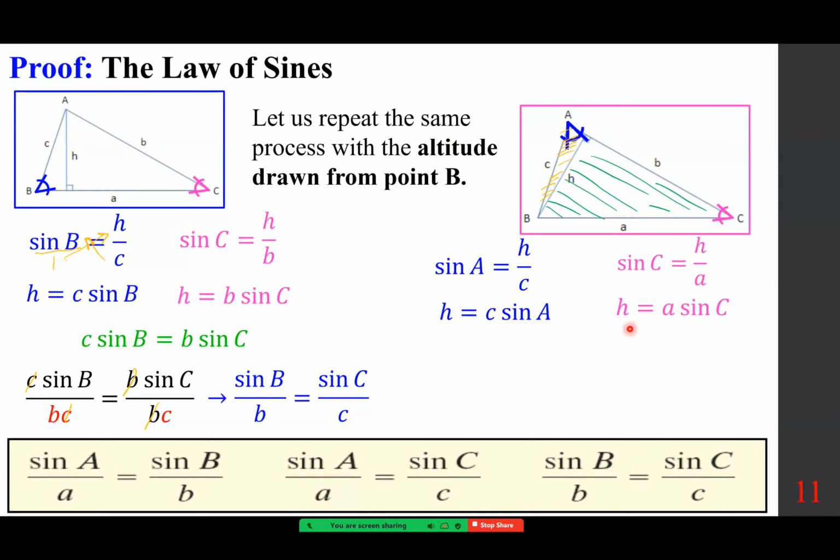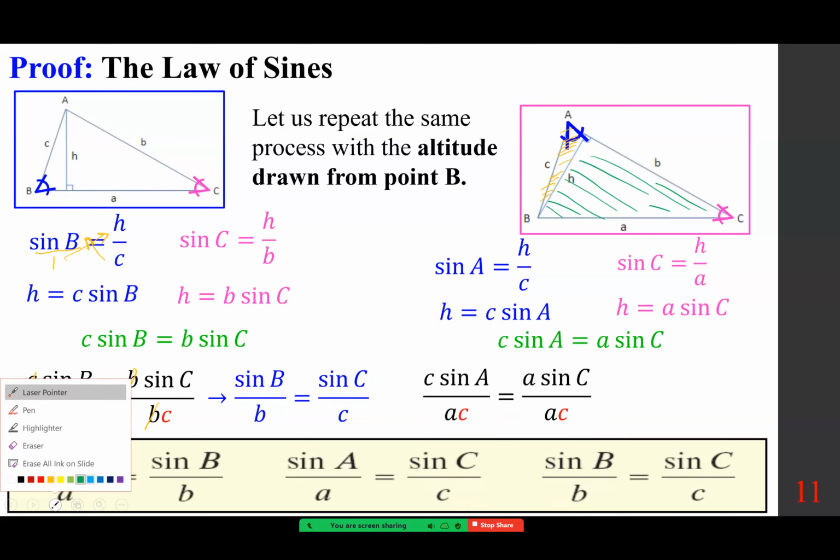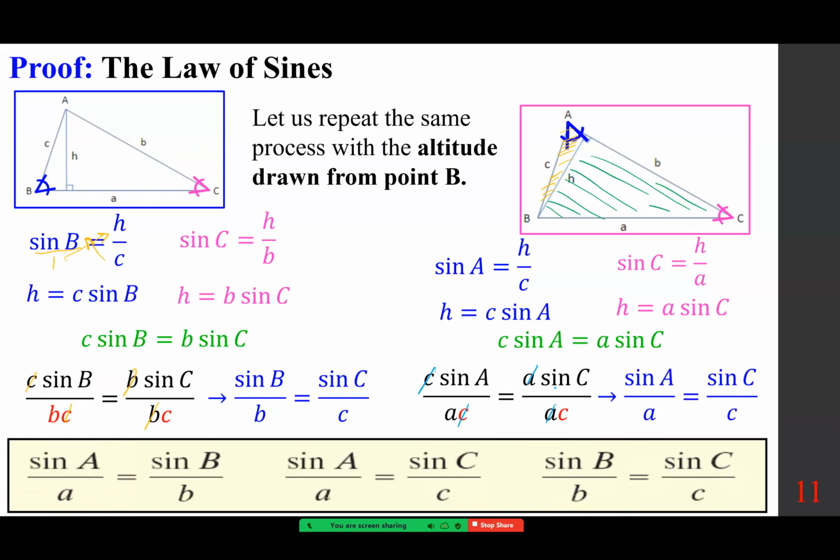C sine A and A sine C are equal. We're going to divide both sides by A times C. And it results in sine A over A equals sine C over C.